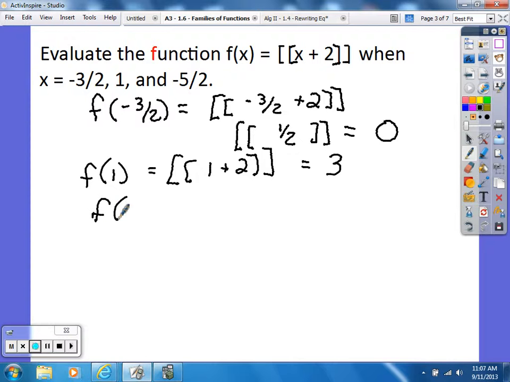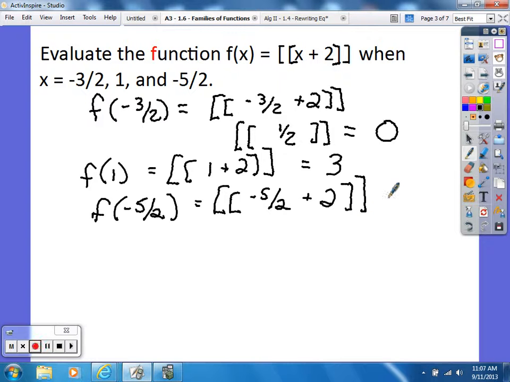So now let's do f of negative 5 halves. I'm going to plug in negative 5 halves here, plus 2. What is negative 5 halves plus 2? Negative 1 half, right? So I'm going to put that in brackets so we can see our work here. I'm running out of room, so we're going to pretend the other bracket's there.